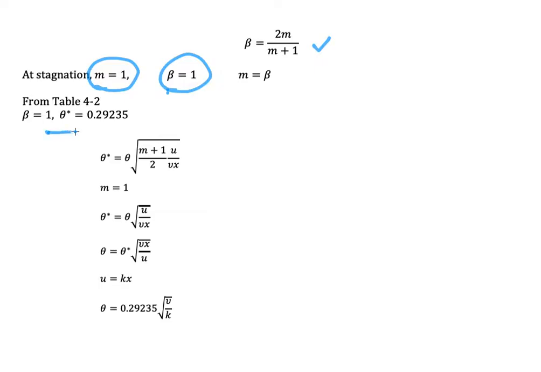From the table we could get this value, and then we substitute into this one, and we could get the value 0.29235. We just simplify the idea here because u is equal to kx, so we substitute here, and we get 0.29235 square root nu over k.